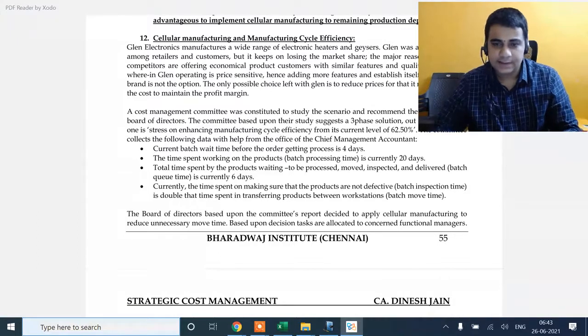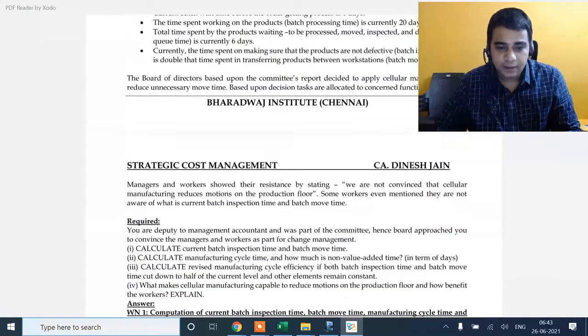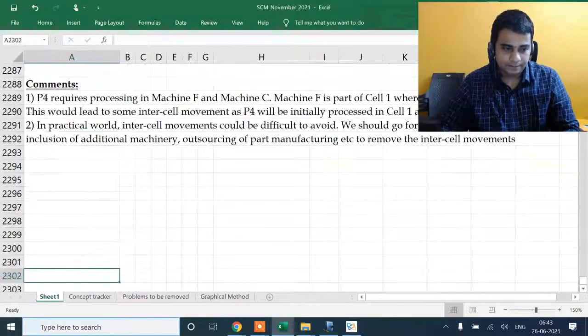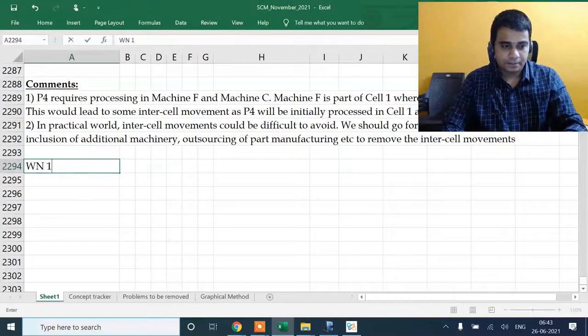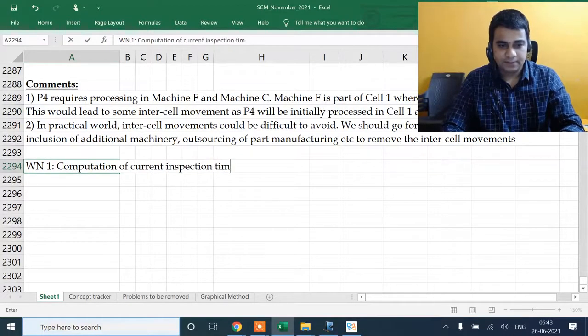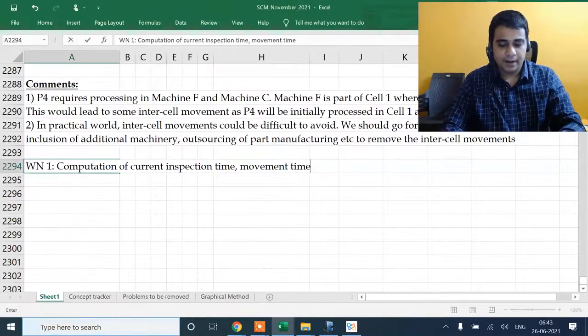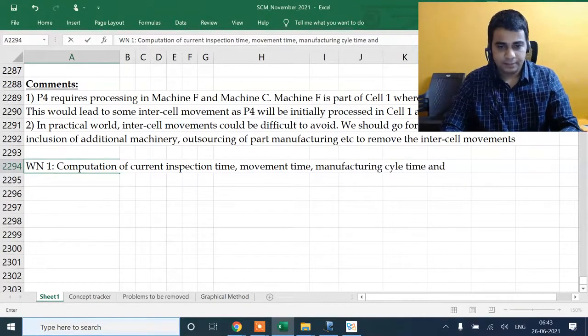Okay, let's start doing it. They want us to calculate the current inspection time and movement time. Let's start. Working note 1: computation of current inspection time, movement time, manufacturing cycle time, and non-value added time.